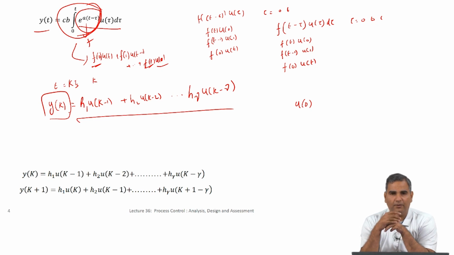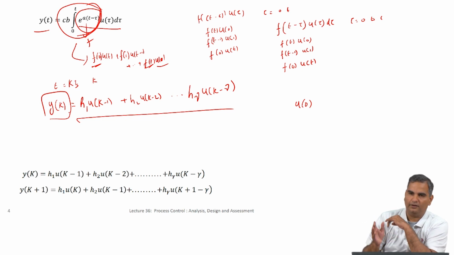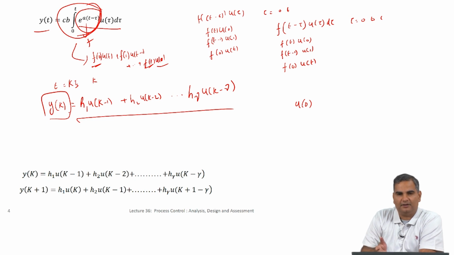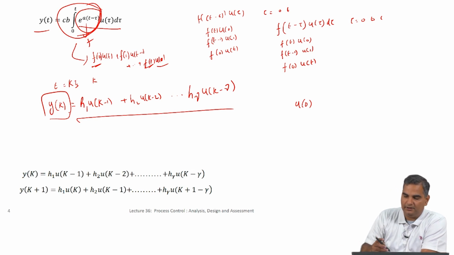Then on top of it, we are going to assume that this h of gamma, as you keep going more and more into the past, at some point is going to cut off. The memory is only up to gamma. Beyond this, whatever terms are there, the weights are very close to 0. So, in other words, if I have one more term in the past here, that will have a weight, and this weight will be very small.